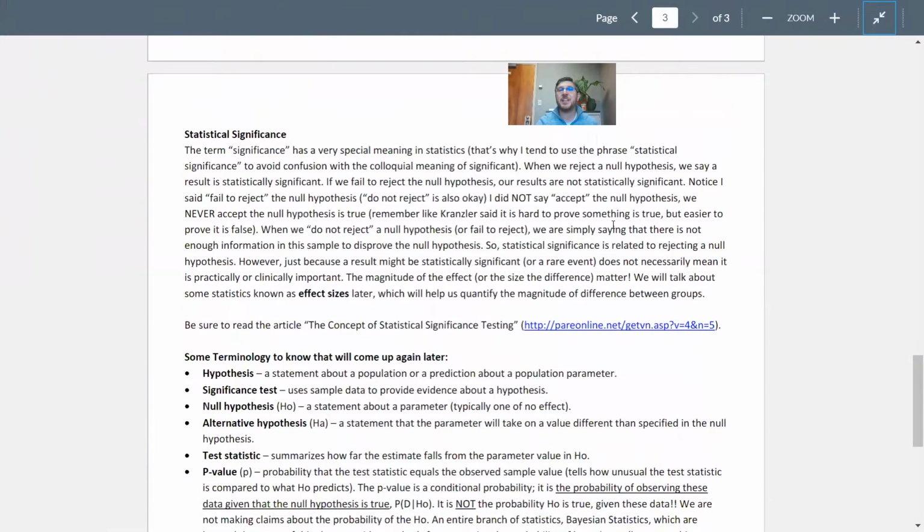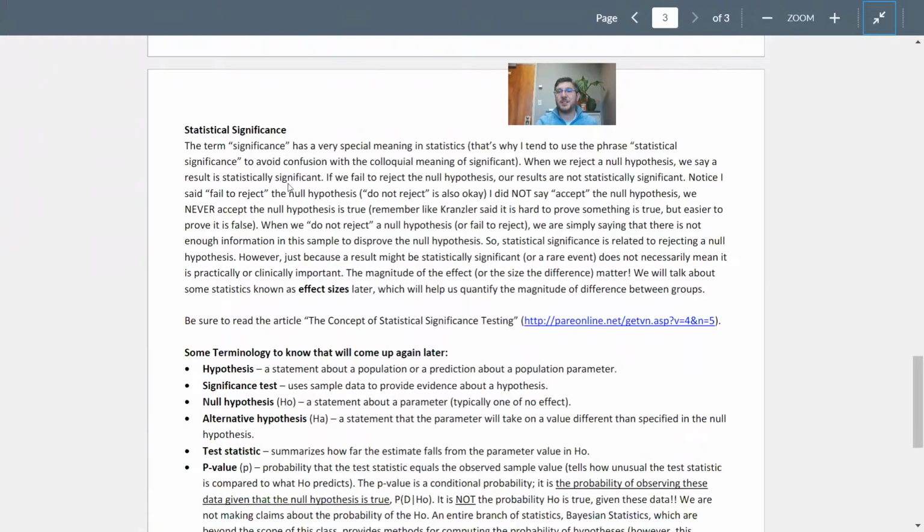And finally in here, I have a little discussion of the term statistical significance. When we reject a null hypothesis, when we say that the null hypothesis is not correct, we say that this effect is statistically significant. And we'll talk about this more when we talk about hypothesis testing.